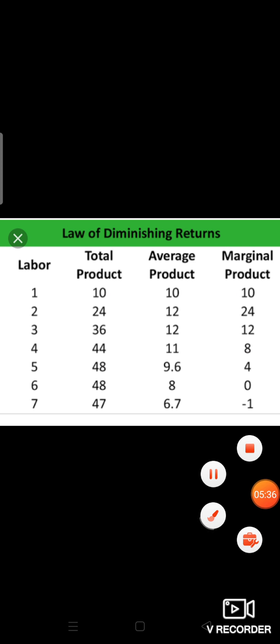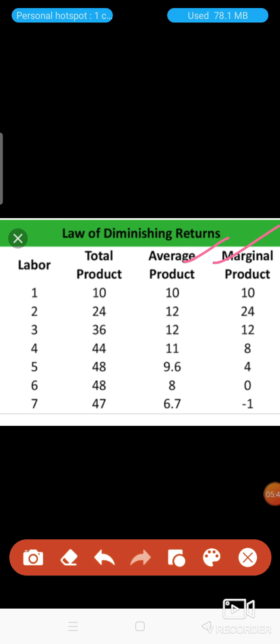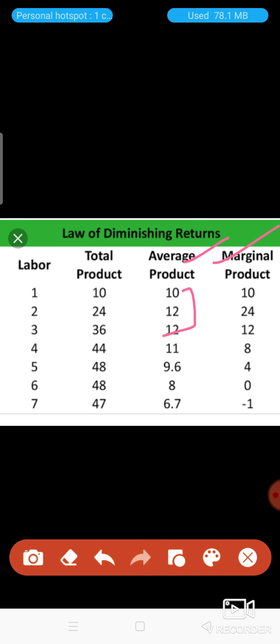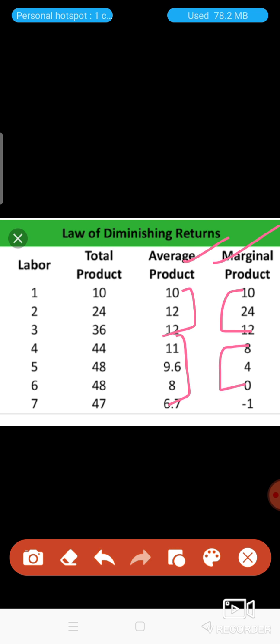Now let us see the relationship between average product and marginal product. So when average product is increasing, marginal product is more than average product. When average product started decreasing, okay, marginal product is less than average product.